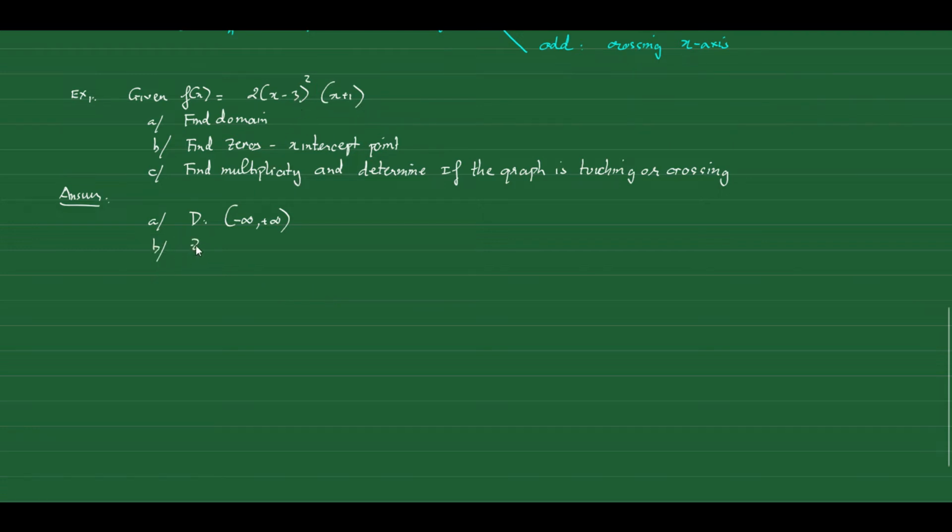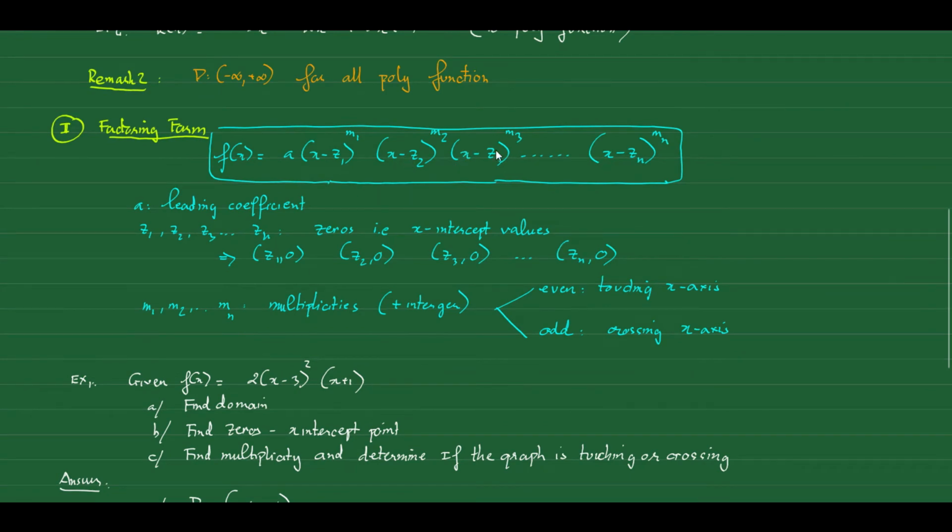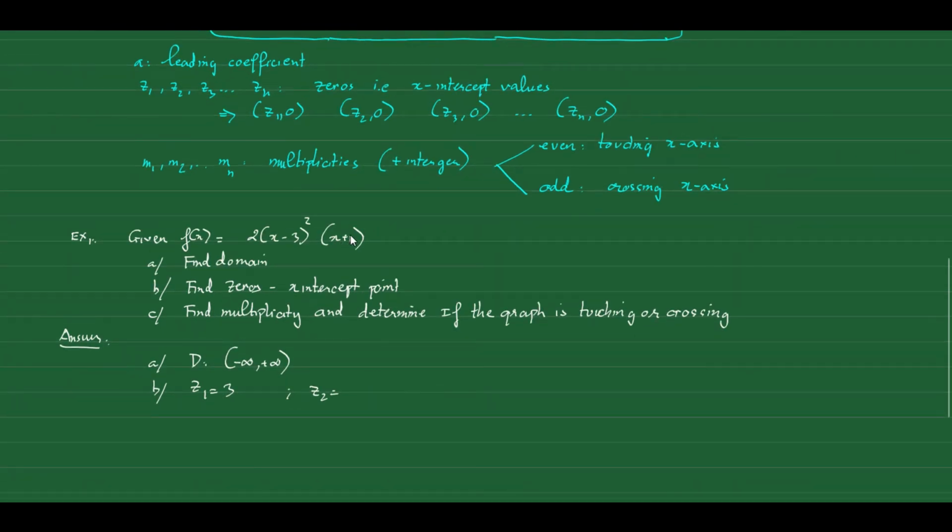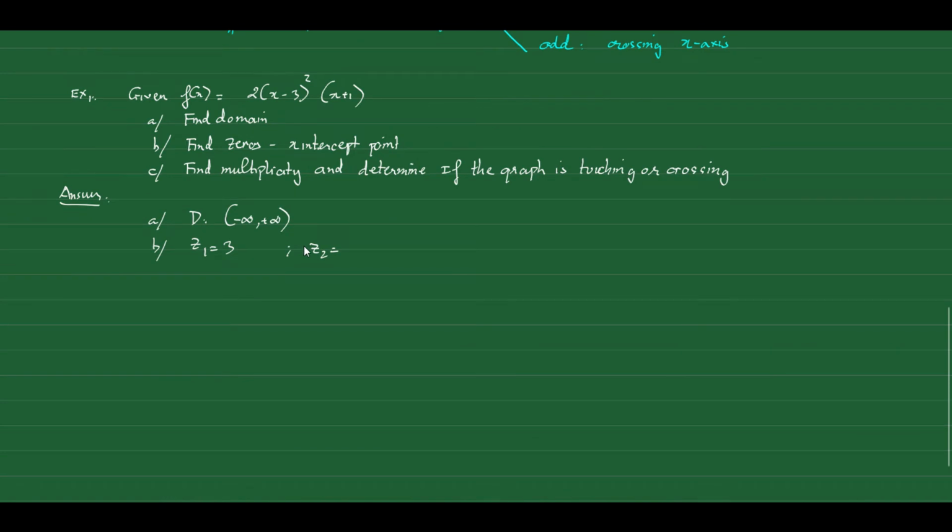So z1 will be 3, but what will z2 be? Because the formula is minus, z2 over here will be negative 1, because negative and negative give you plus. So from here we can find the x-intercept points.